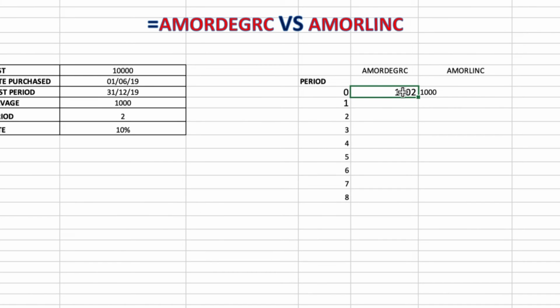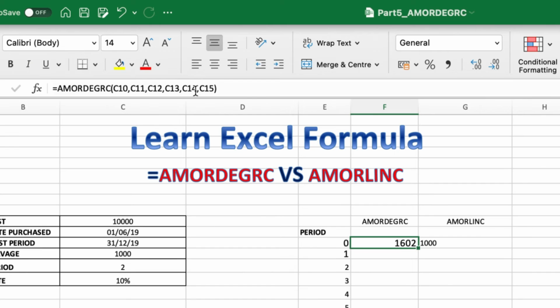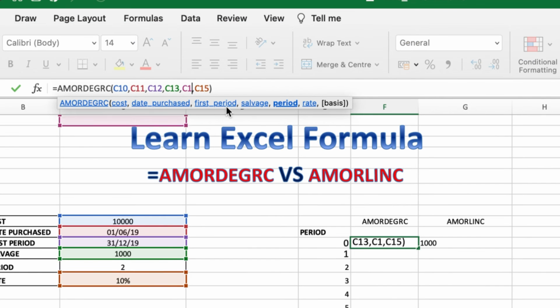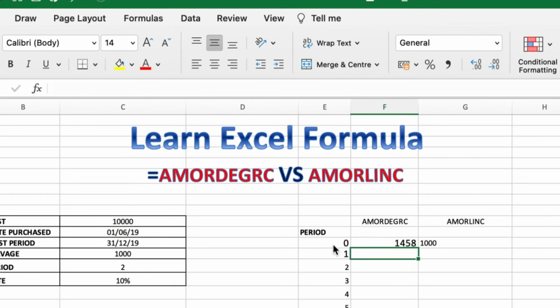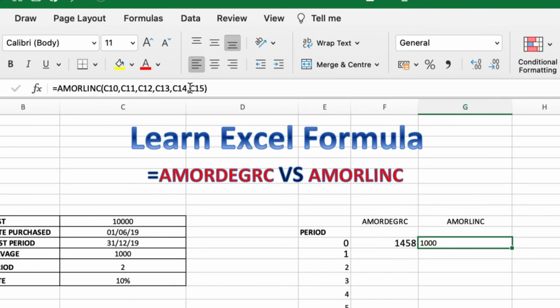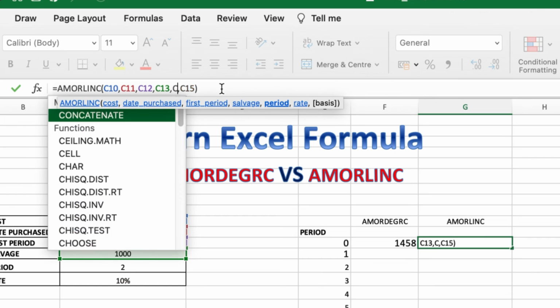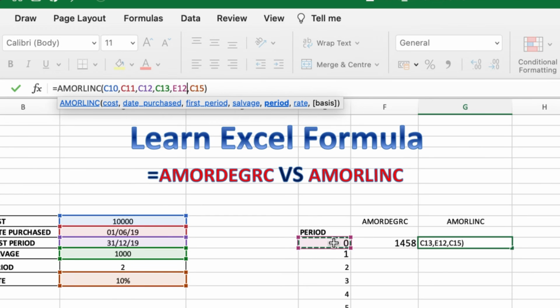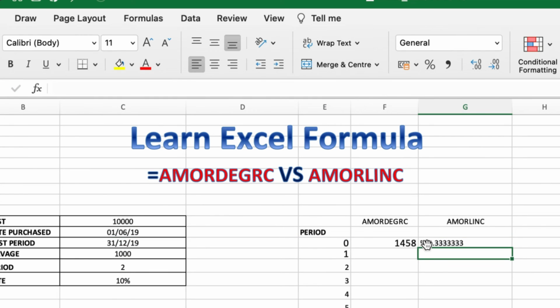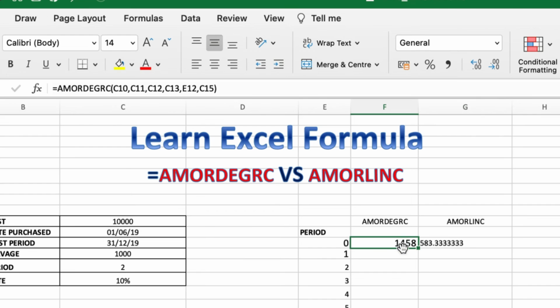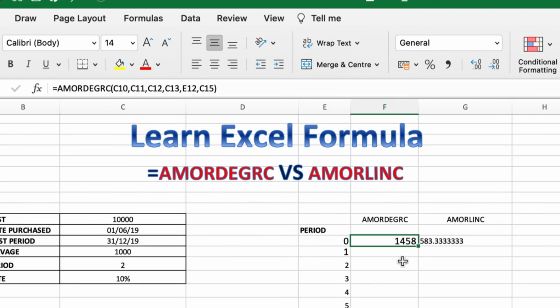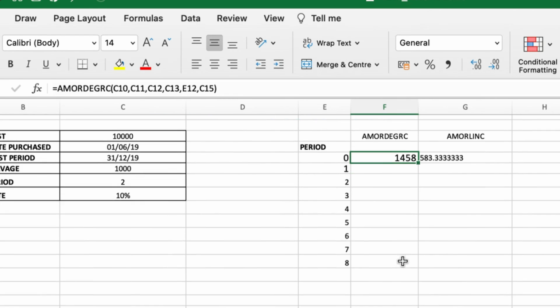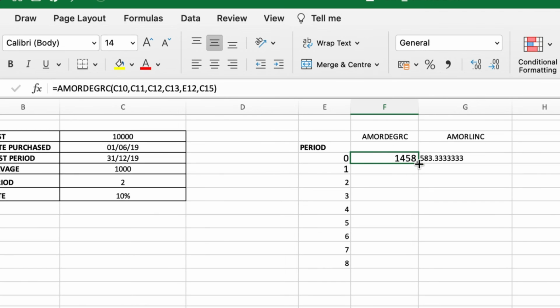Instead of entering the period, let's select from here the 0th period, enter, and here also the 0th period, enter, and let's scroll it. Let's scroll this value.